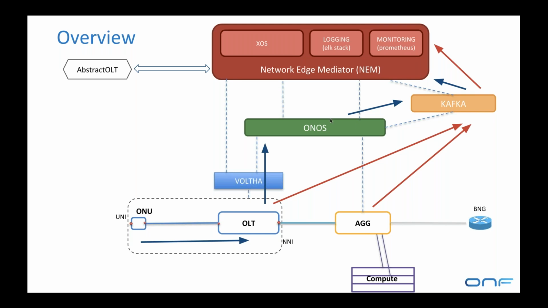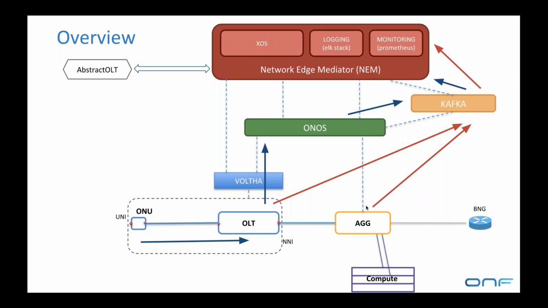Sure. Also, when you say that the OLT and the aggregation switch publish events to Kafka, is that through a gRPC mechanism that goes up northbound? So it really depends on the case. In the OLT case, at least in the Open OLT case, the communication between the OLT and Voltha is gRPC, and then Voltha publishes to Kafka.